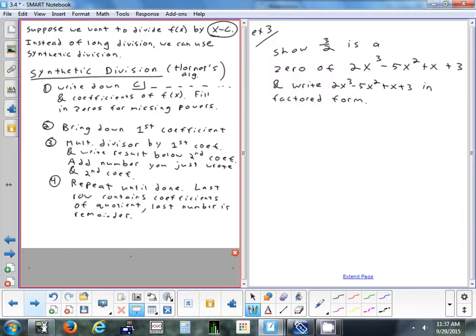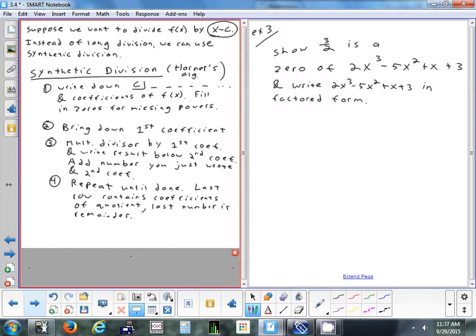So what I want to do here is show that 3/2 is a root of 2x cubed minus 5x squared plus x plus 3. Well, one way to show that it's a root is to divide 3/2 into it and see if I get a remainder of what? 0. So I'm going to divide 3/2 into it, see if I get a remainder of 0.